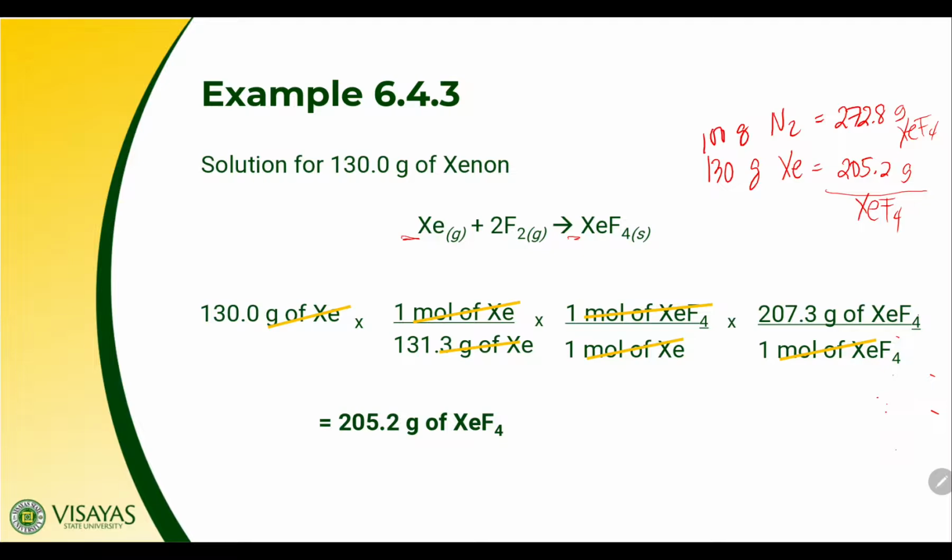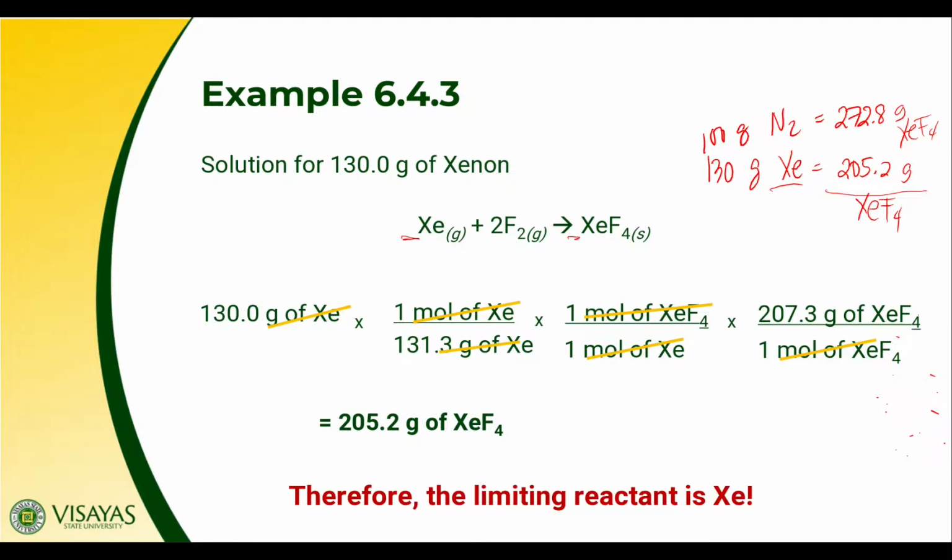Therefore our limiting reactant is xenon, because it produced a lesser amount of xenon tetrafluoride. Again, although fluorine can produce as much as 272.8, xenon is already used up, no? So we cannot form this much, no? We can only form 205.2 grams of xenon tetrafluoride.